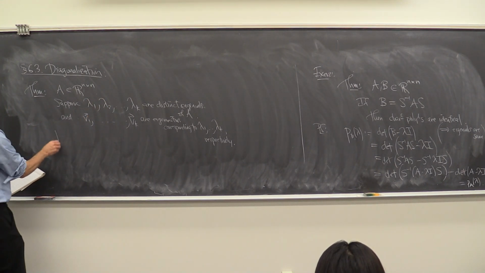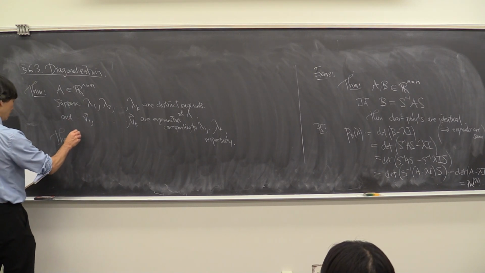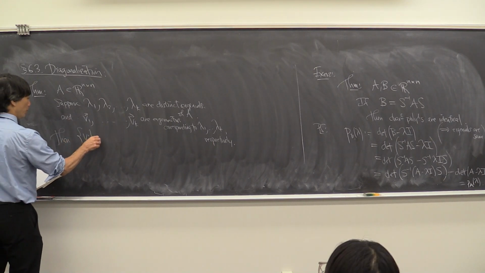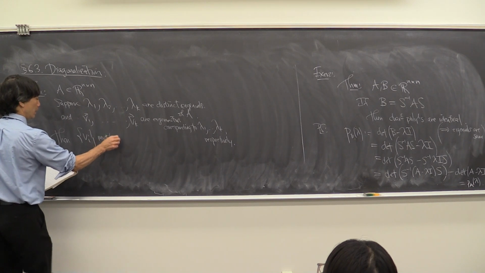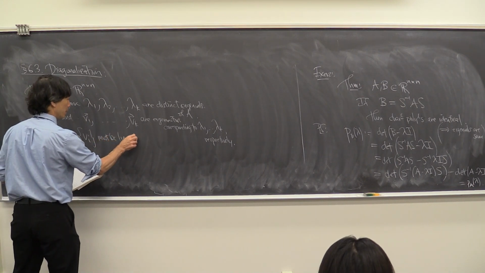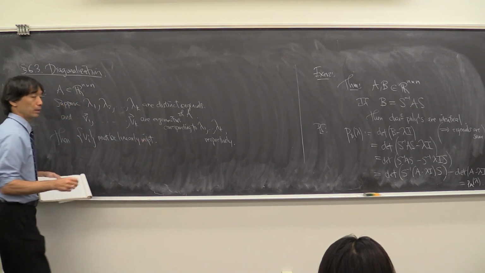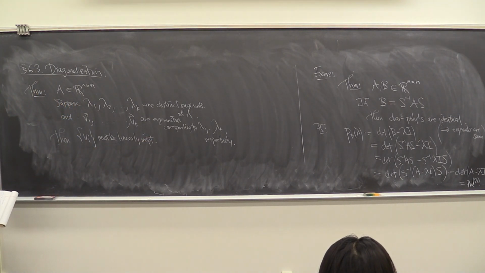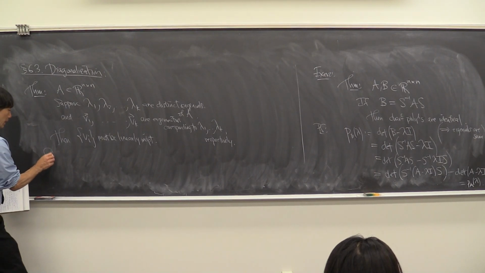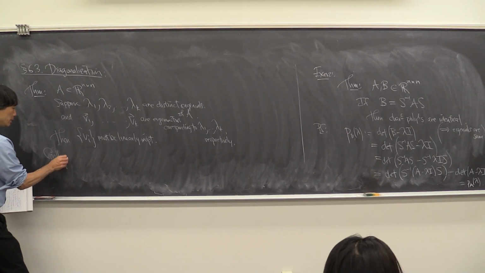Okay. Then the vi must be linearly independent. The vi are linearly independent. The main thing we're going to use this for is the corollary.